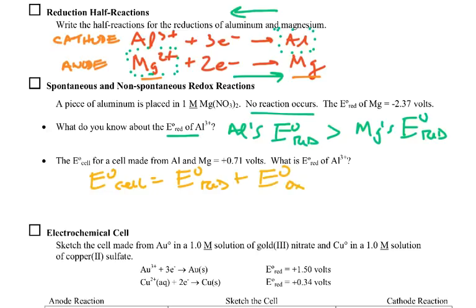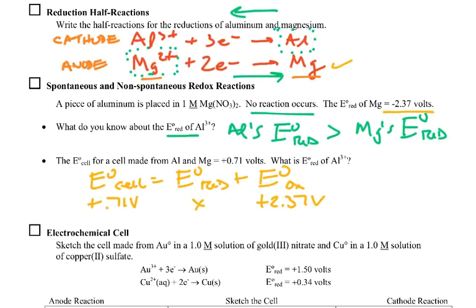I saw that the reduction potential of magnesium is negative 2.37. Well, my magnesium is not going to be the cathode, it's going to be the anode. So my oxidation potential is going to be positive 2.37 volts. And I know the E of the cell is positive 0.71 volts.